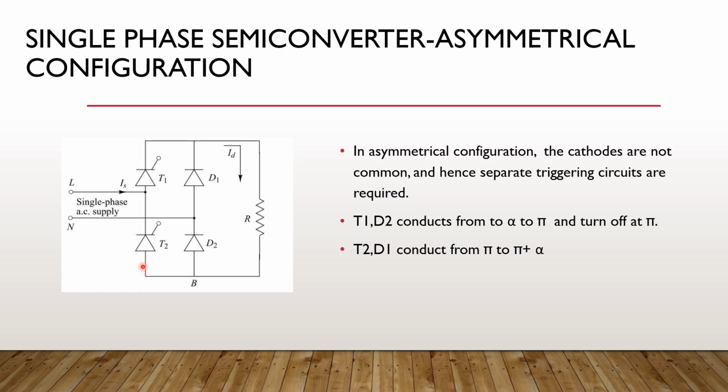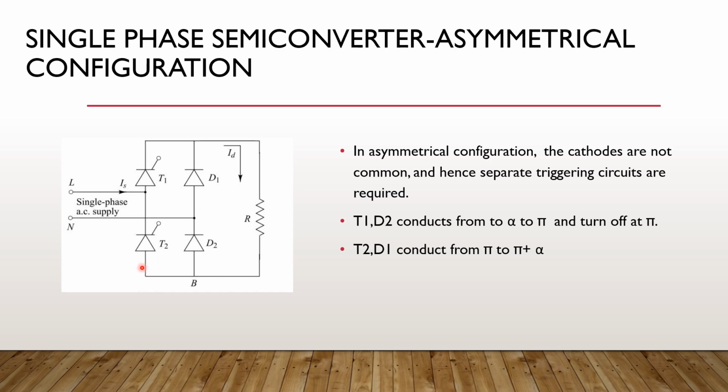So this is not commonly used, but still, just to see how it behaves with the resistive load, T1 and D2 will conduct together. The main difference is in how the gating pulses are given. But otherwise, once it is given, the T1 and D2 combination will continue during the positive half cycle from alpha to pi.